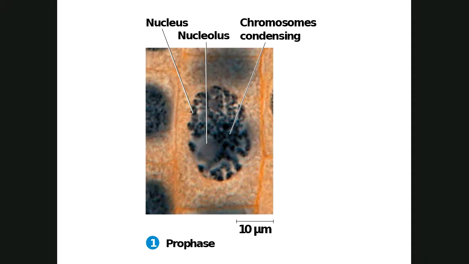They're very thin threads, so when they're not condensed, they look like just a mass, maybe a mesh, of these little thin threads of DNA. But when they begin to condense, they get bigger, they get thicker, and it's easier to see them. So you see here in prophase, we got the nucleus, chromosomes are condensing, right? And there's the nucleolus too.